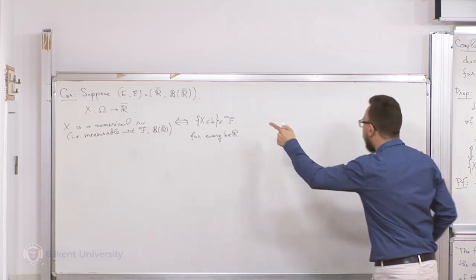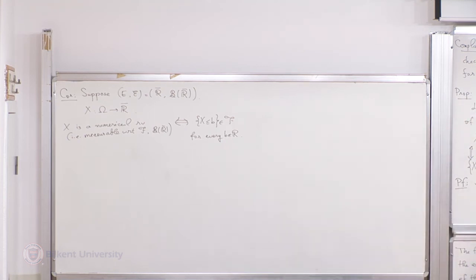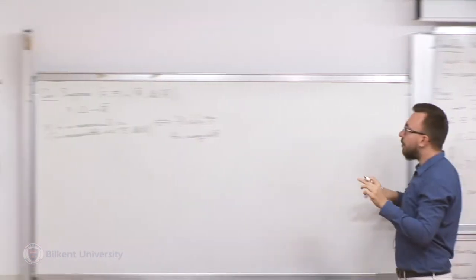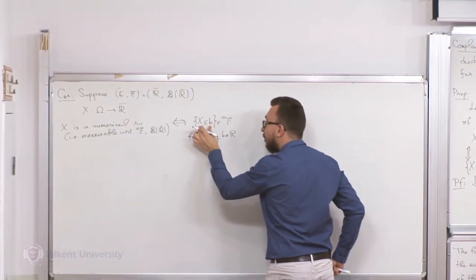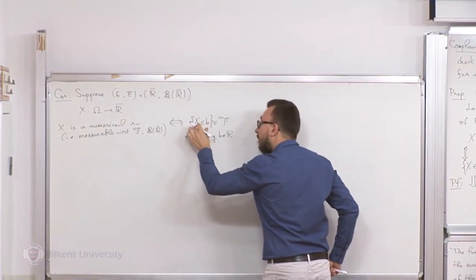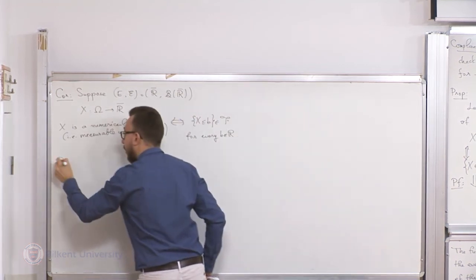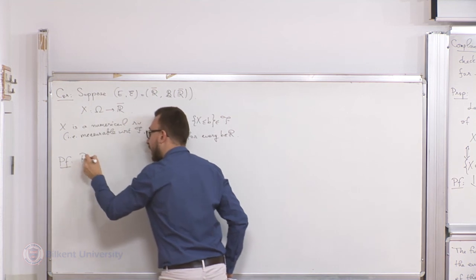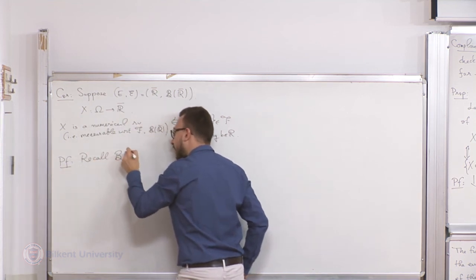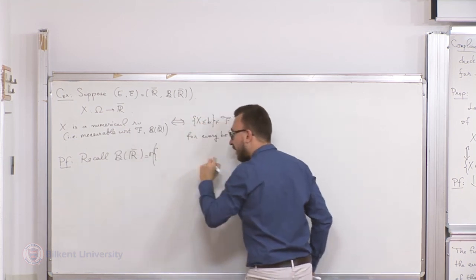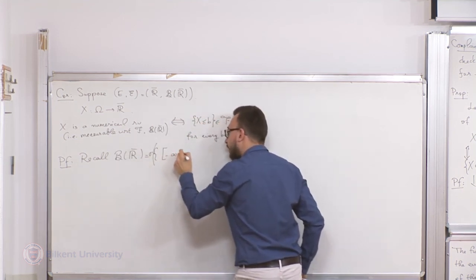So you don't look at an arbitrary type of set here, but instead you restrict yourselves to events of the following form: X is taking values in an interval. So recall that the Borel sigma algebra on the extended real line is generated by intervals of this form.